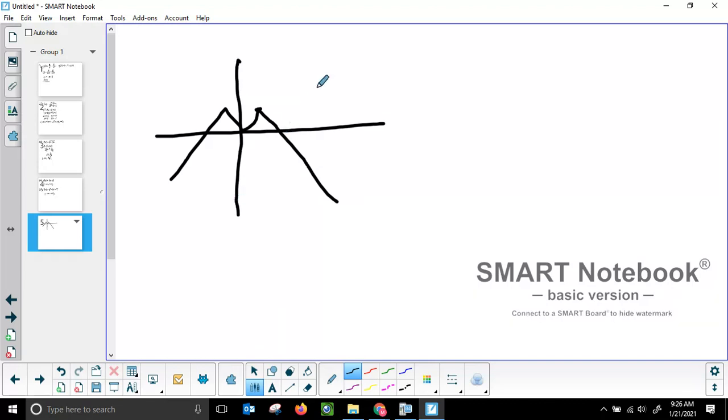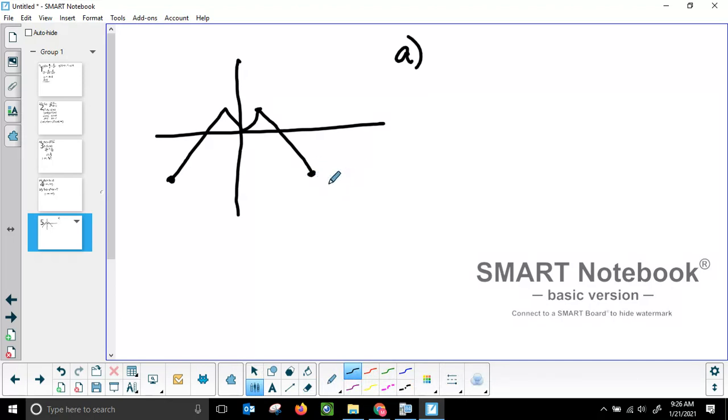So it says A, find the domain. And these do stop right here. There's not an explicit point there at the end. All right, but since there's no arrow, we can assume that it just stops right there.